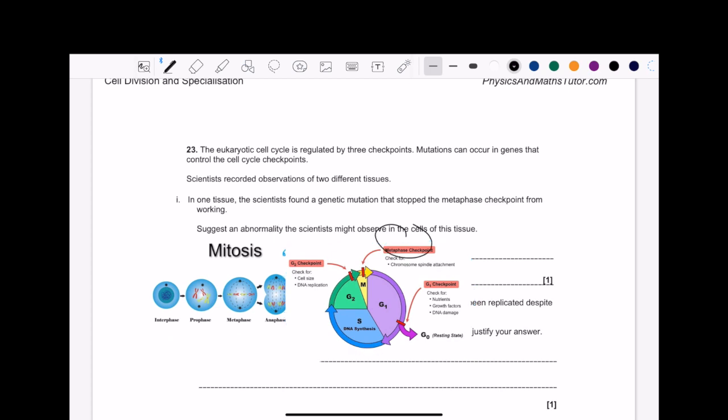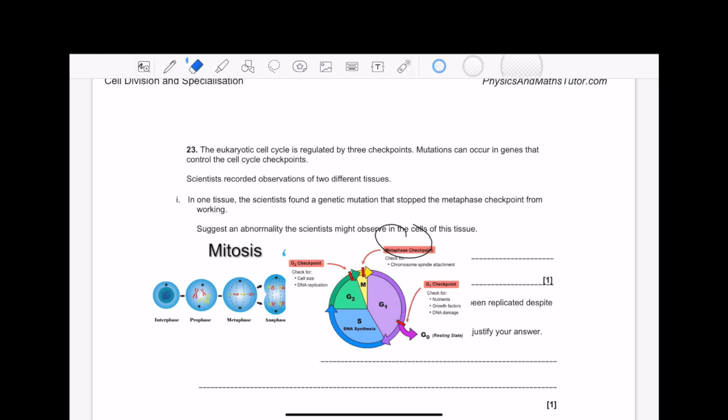So now it's saying, when a scientist looks at those cells, what has gone wrong? There are many things you can say. You can say that the cells contain different number of chromosomes. That's a typical answer, to be fair, whenever you get suggested abnormality.